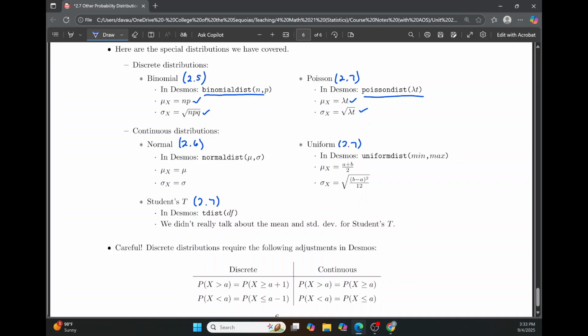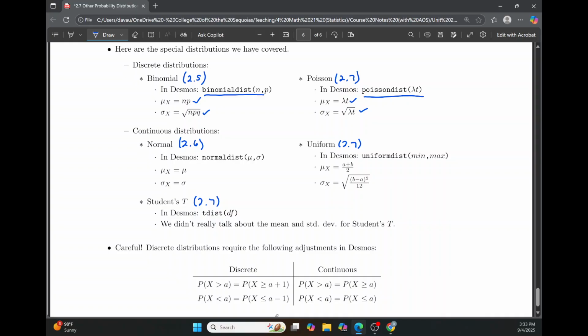Once again, we can compute probabilities for those things in Desmos using the appropriate tool. We also have shortcut formulas for the means and standard deviations for each of those things. We didn't really talk about the mean and standard deviation for student's t distribution. You'll see why in the next section, so we'll just leave that there.